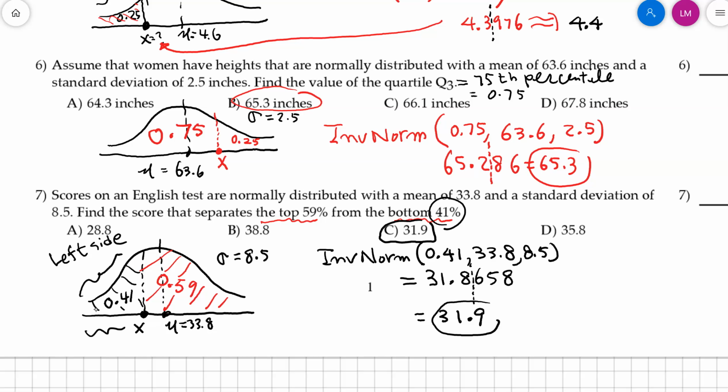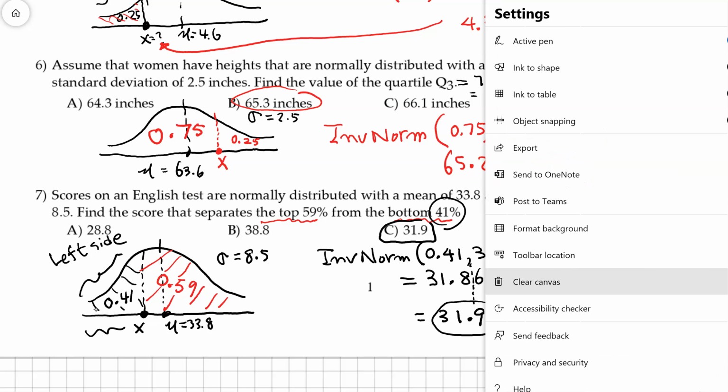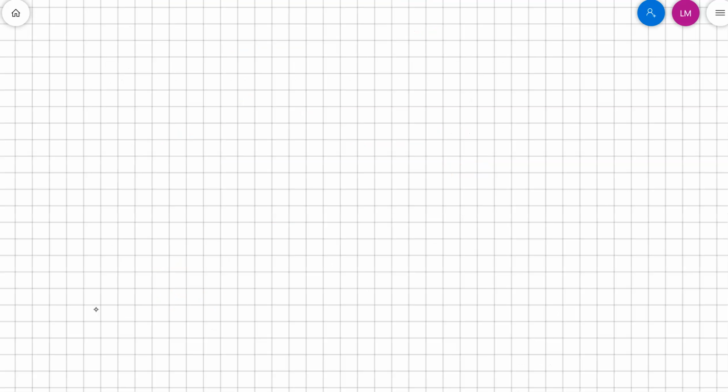All right. That is the first page. So I'm going to go to the second page. I'm going to clear this, and then bring up the second page.